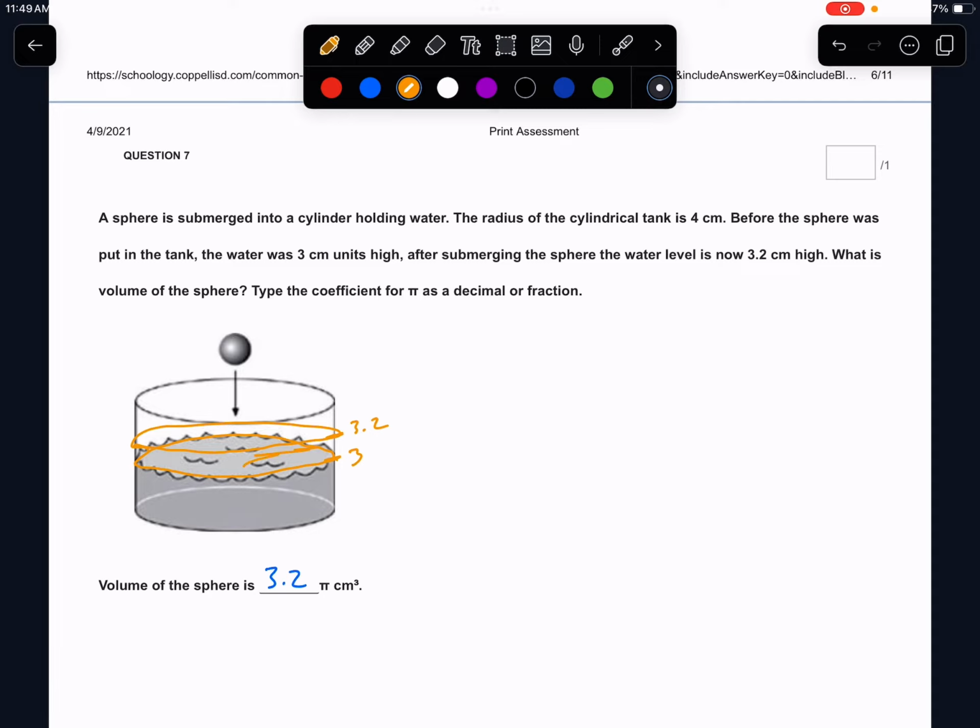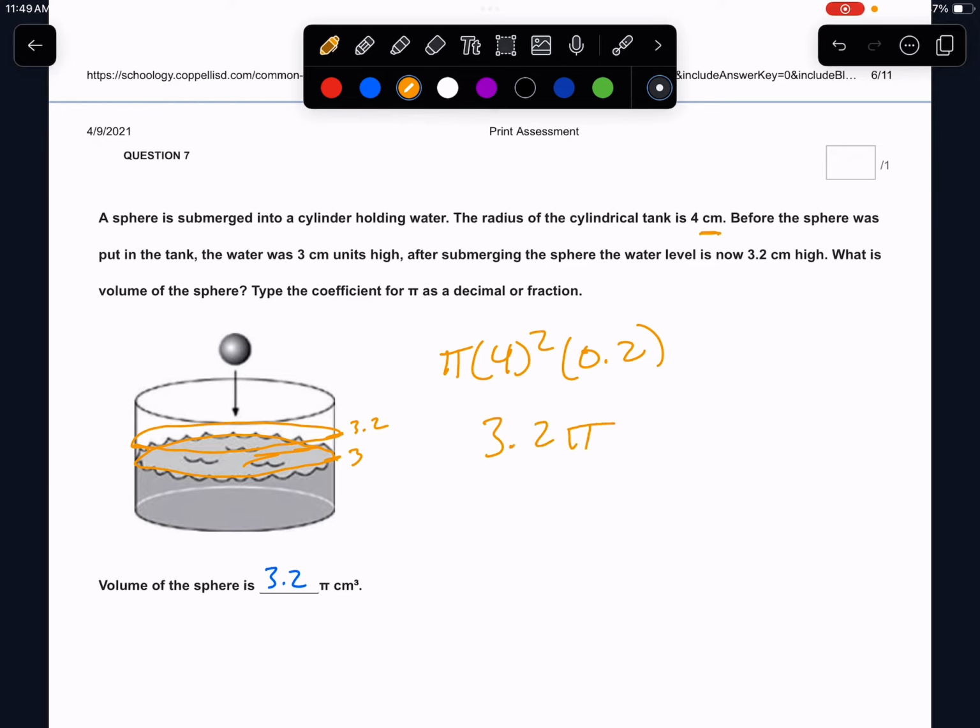And so we need to find the shape of this small cylinder. Right? We know that the radius is 4, so it's going to be pi times 4 squared, and the only height we care about is going from 3 to 3.2. The only height we care about is 0.2. That's it. And so that's going to be 16 times 0.2, or 16 times 1/5. 16 times 0.2 is 3.2 pi.